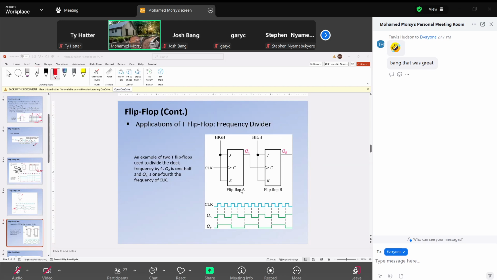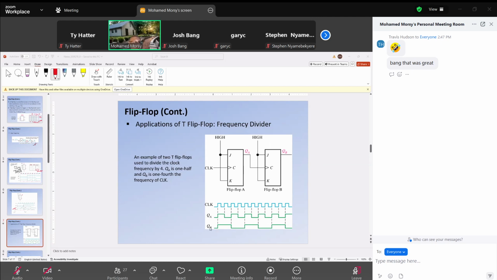Then we spoke about an important application of the T flip-flop, which is used as a frequency divider. We have a clock pulse with a certain frequency. Sometimes we need pulses with lower frequencies, and we can do that using, for example, two flip-flops.